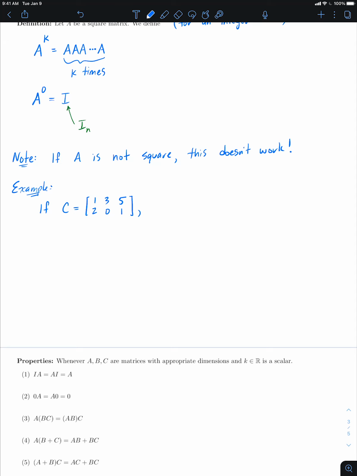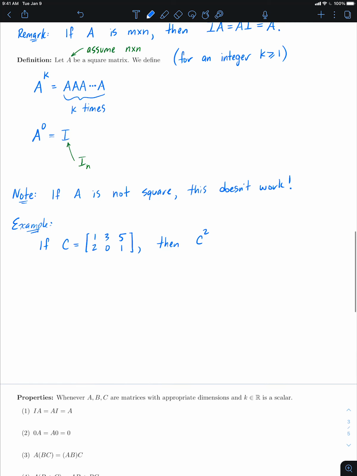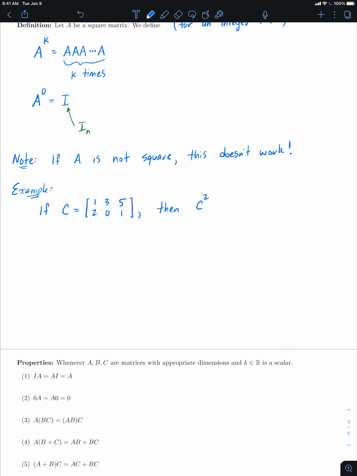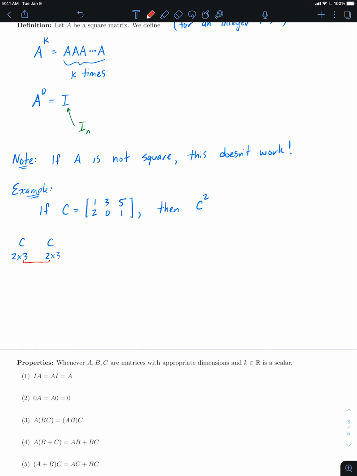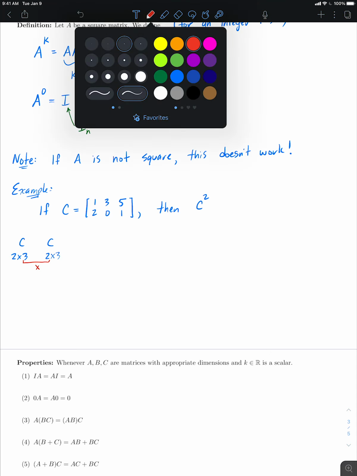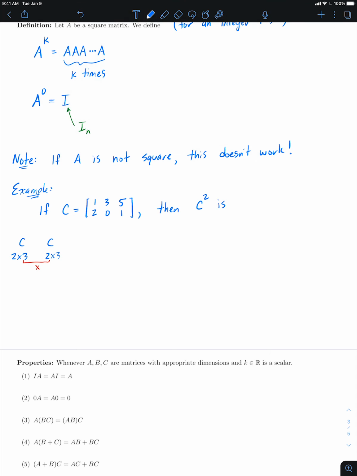Think about it. What would the dimension diagram look like? If I tried to use this idea up here, I would just take C times C. But what about the dimension diagram? If I try to multiply C by C, I've got a 2 by 3 and a 2 by 3. The dimension diagram fails to be satisfied, right? These two inner numbers do not match up. So for that reason, C squared is undefined.